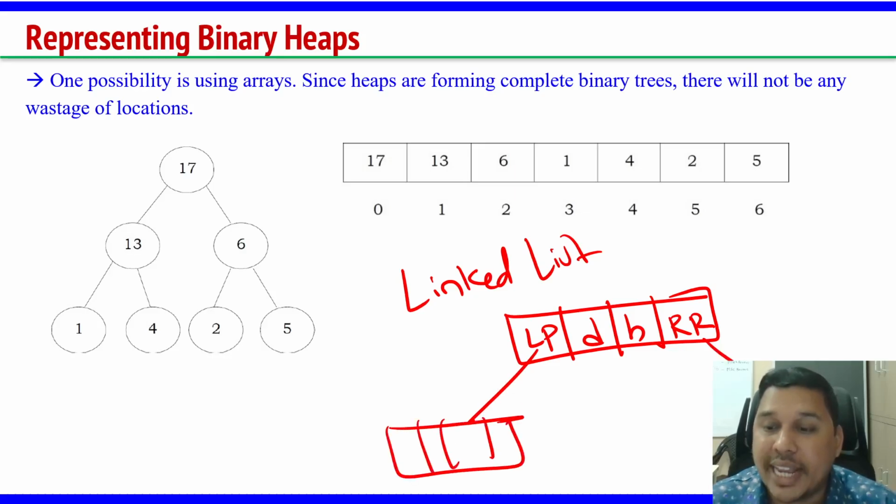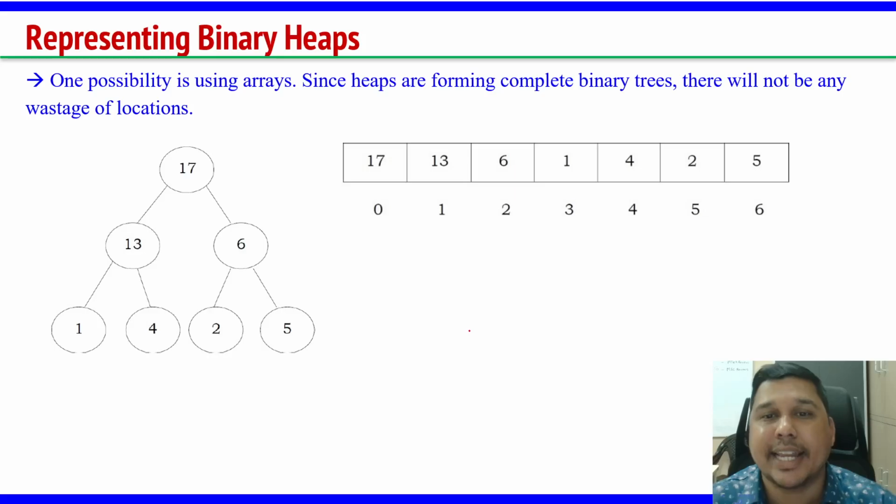But for heap we will be using array representation, because we have to follow some logic here, some approach here. So array representation is very useful instead of linked list implementation. We can still use linked list also, but arrays are much better for heaps, especially binary heap.